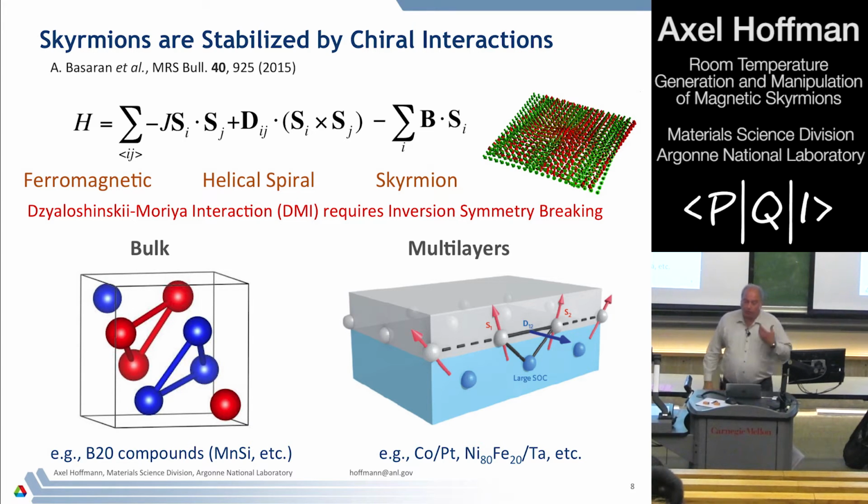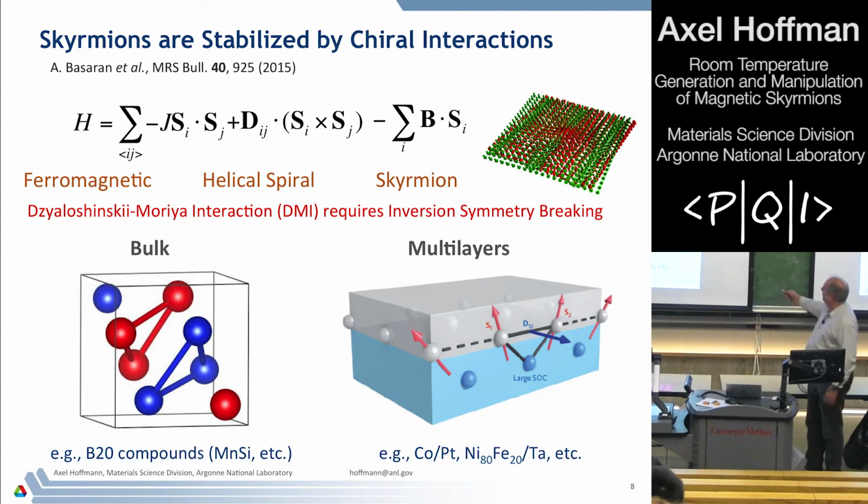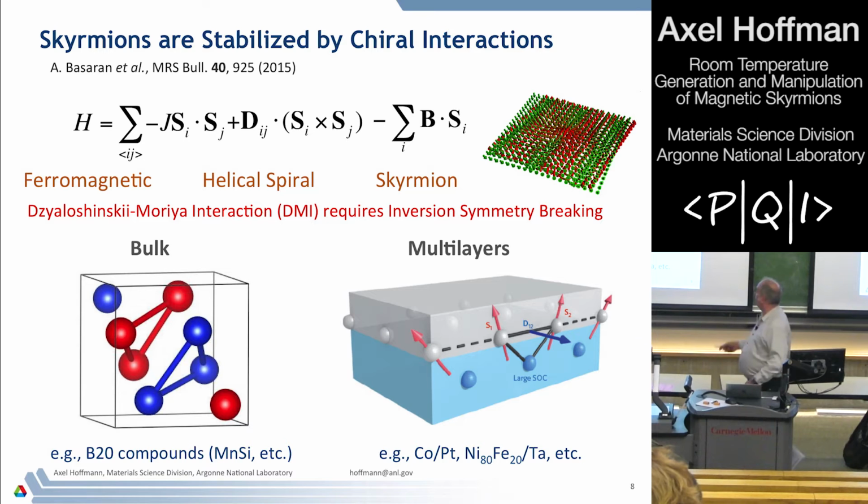Now, another way to break inversion symmetry is by using multilayers. You can have that by combining a ferromagnetic material with another material that has very strong spin-orbit coupling. Let's say cobalt and platinum, or permalloy and tantalum, or there are lots of combinations, as you'll see later in my talk. And here, at this interface, you also break inversion symmetry, and you get a Dzyaloshinskii-Moriya interaction because of that.